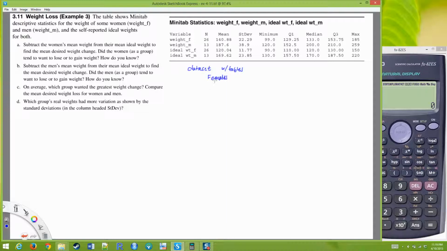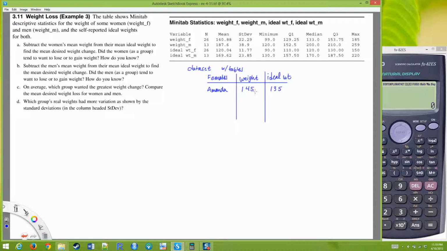and we essentially asked them two questions. How much do you weigh now? Your current weight. And what is your ideal weight? So maybe the first female is Amanda, and let's say she weighs 145 and she wishes she was 135.